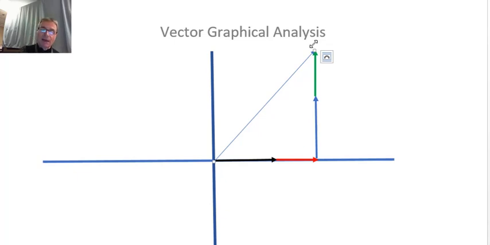Remember that if I add up vectorially the black, the red, the blue, and the green, what I'm going to get is the light blue vector, which starts at the origin and goes to the final destination. Now keep in mind that my final vector here had its tail at the origin and its tip at the final destination.